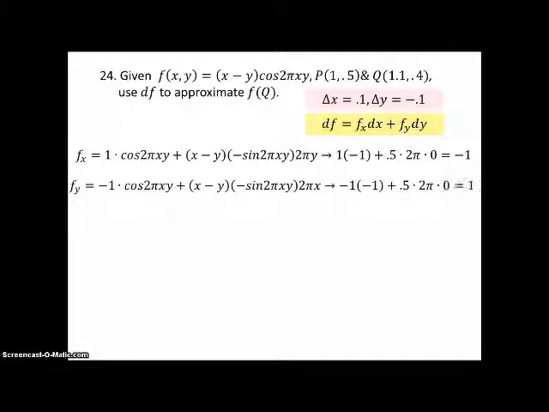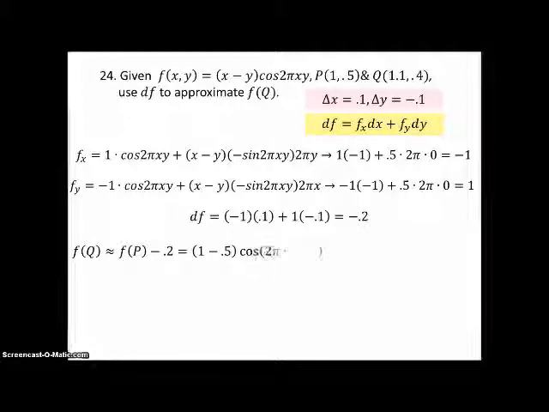Notice that this time the derivative of x minus y is negative 1, and the derivative of 2 pi xy is 2 pi x. Again, we plug in our values, and we get 1 for that value. So that means that df is f sub x times delta x plus f sub y times delta y, and that comes out to negative 0.2.